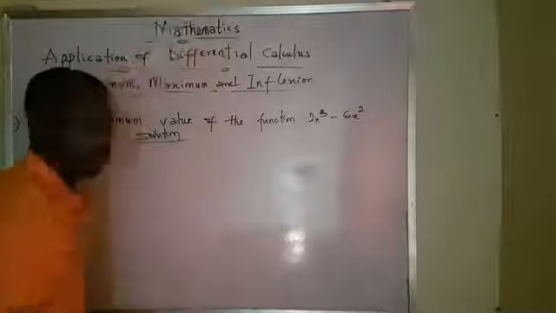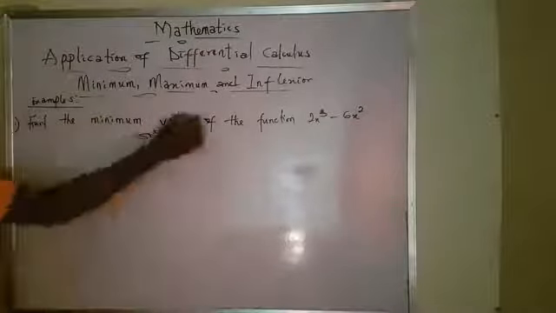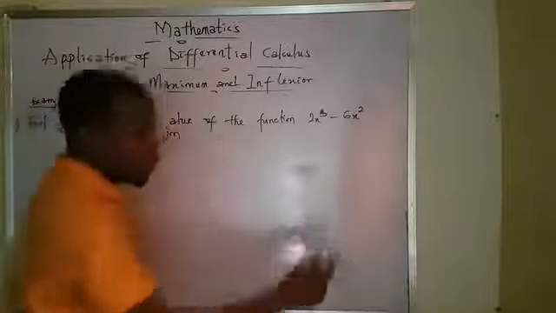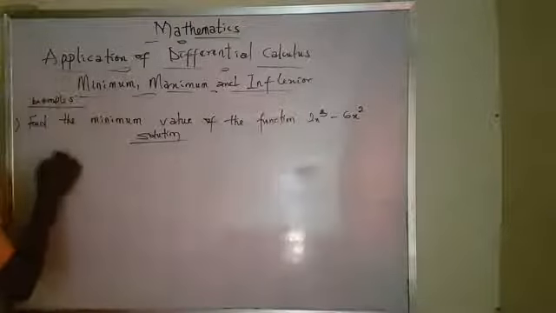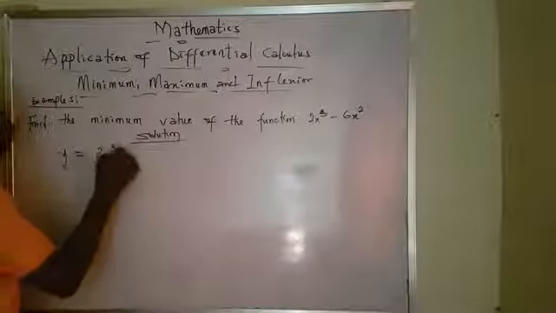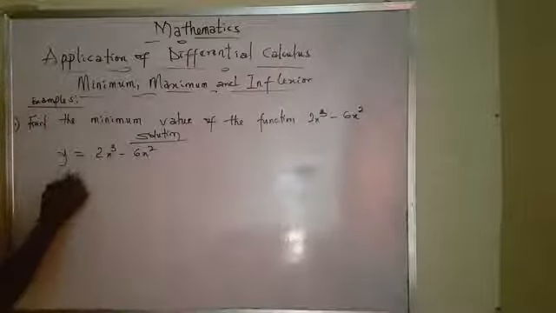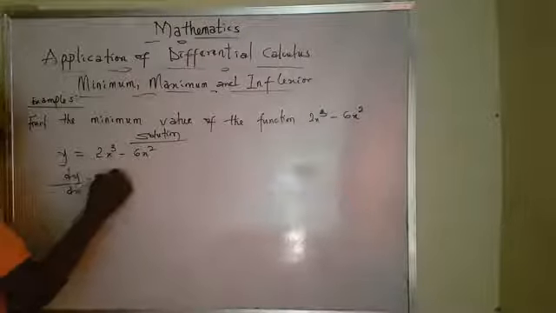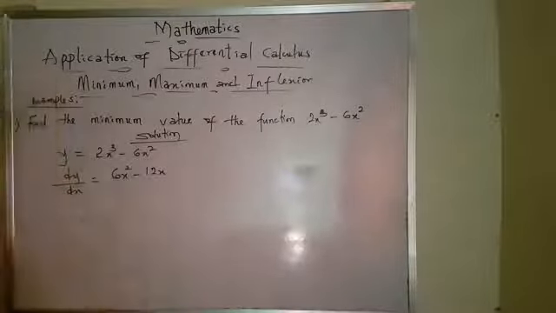So you use condition 2. Do you get it? So the first thing we do, we find out the y. Let's take this because this is f of x. Everything is equal to y. Of course, y is equal to this. So we say y is equal to 2x cubed minus 6x squared. Then dy/dx can be equal to 6x squared minus 12x.